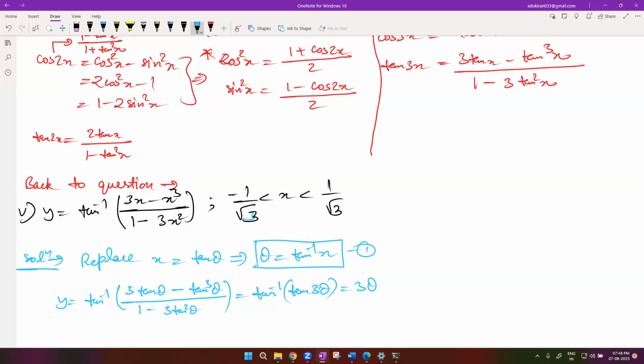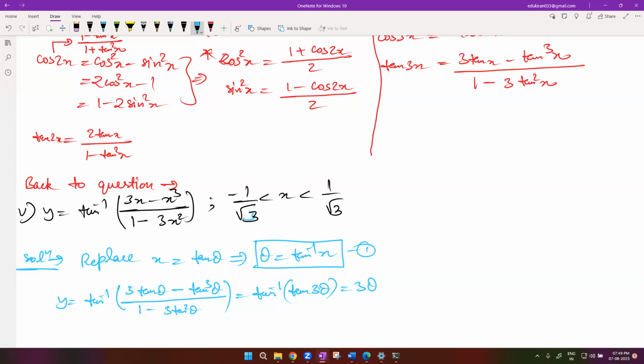This whole thing, whatever we are doing, will not be valid if x is greater than 1 by root 3. Then we have to approach with a different formula. There are multiple formulas used in tan inverse, by the way. In general, trigonometry uses a lot of formulas. Why do we have to use so many formulas? Because these functions are periodic.